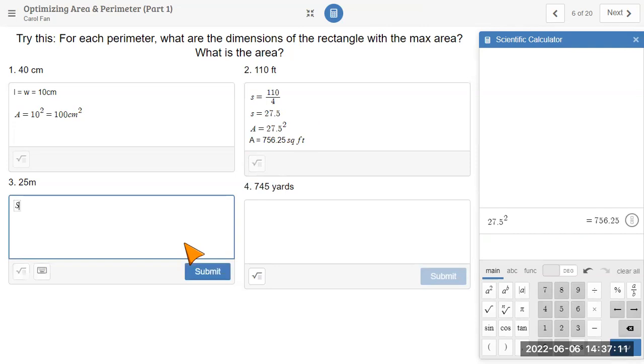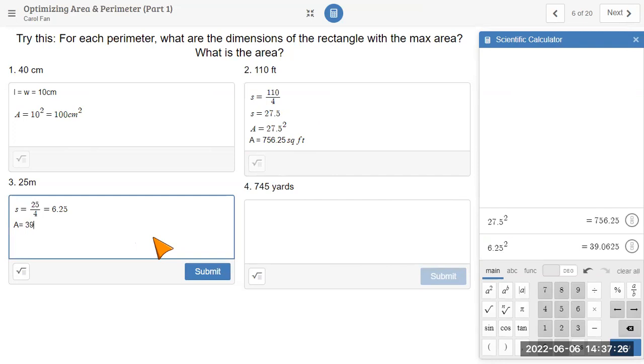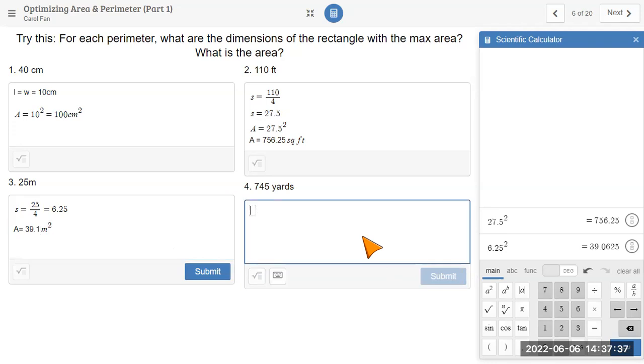Okay, side for this one, 25 divided by 4, 6.25. Area is going to be 6.25 squared. So 39.1 square meters. And then our last one, the side here, 745 divided by 4.